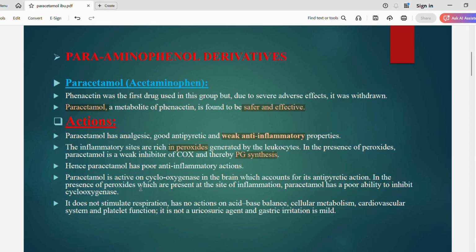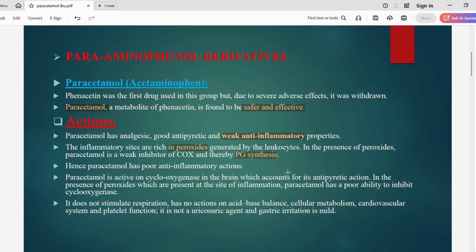So paracetamol is active on cyclooxygenase in the brain, which accounts for its antipyretic action. In presence of peroxides which are present on the inflammatory sites, paracetamol has the poor ability to inhibit the cyclooxygenase.